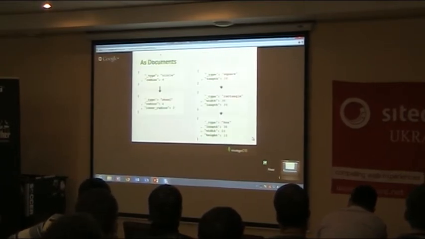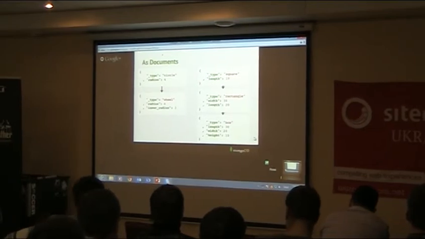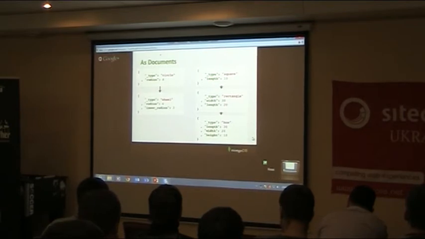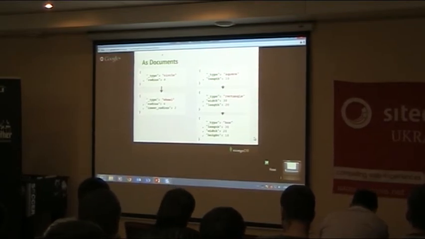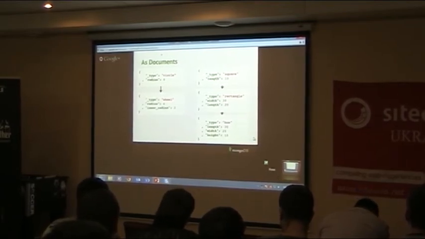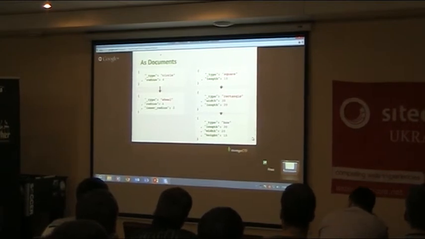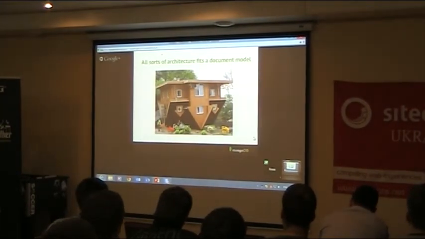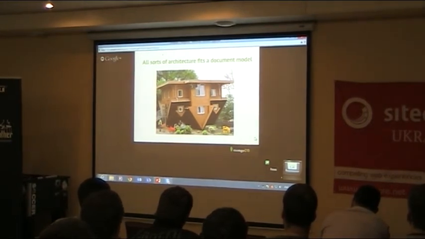You can just add a new document. And here I have the type box that has a length, width, and a height. So this flexibility allows you to have data that have different forms easily and efficiently in the database, and it allows you to change and be flexible and change in the future. Now, all sorts of architecture fits in the document model.